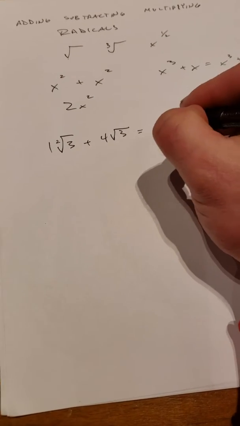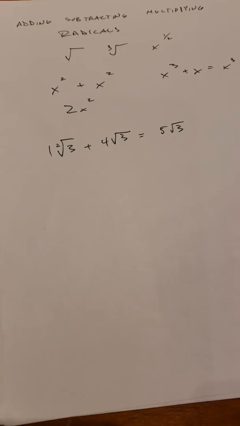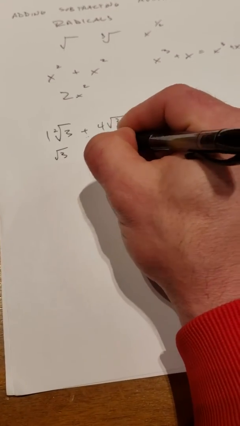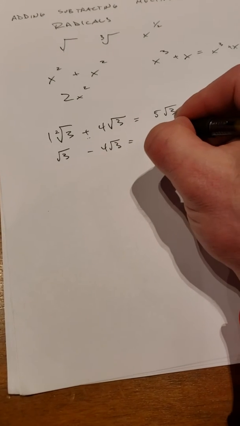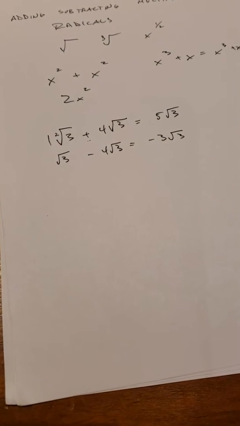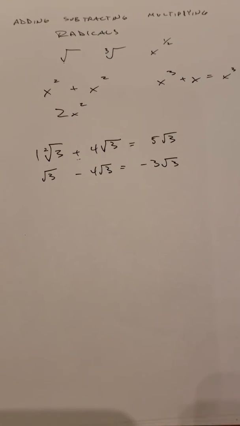I have 5 square root 3. Simple enough, okay? Same thing would go if we're subtracting. So if this was square root 3 minus 4 square root 3, now we have negative 3 square root 3. Okay? So same rules apply for adding and subtracting.